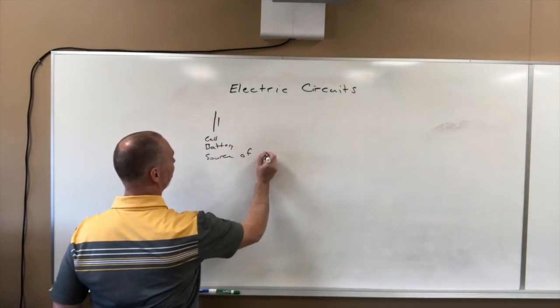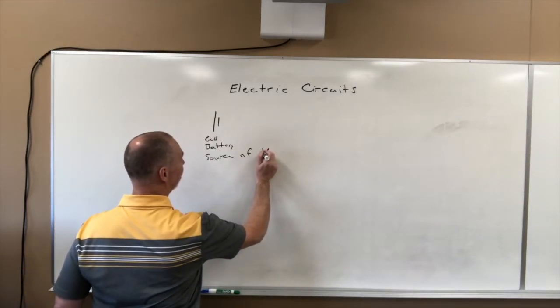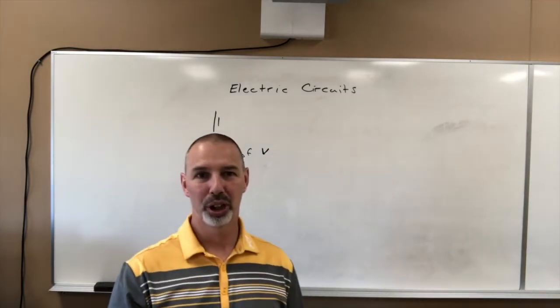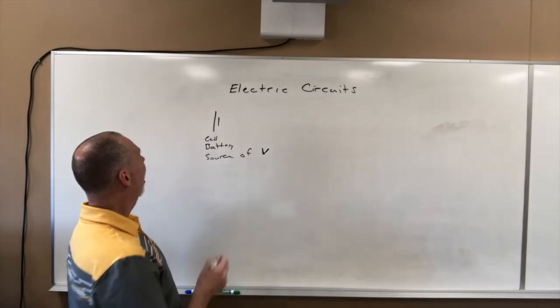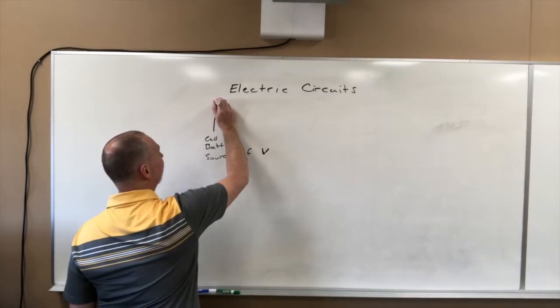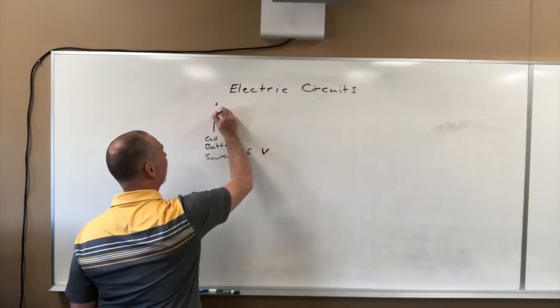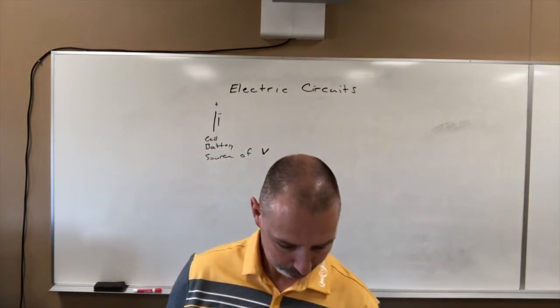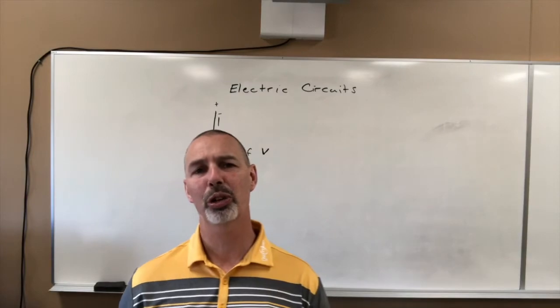I'm going to put V for voltage, which stands for electric potential. The large bar is the positive terminal and the short bar is the negative terminal. So it's some source of electric potential.